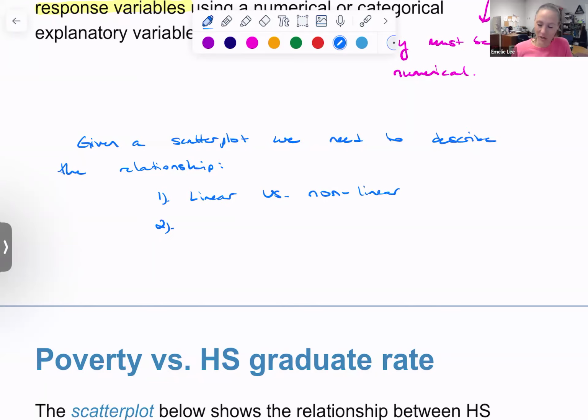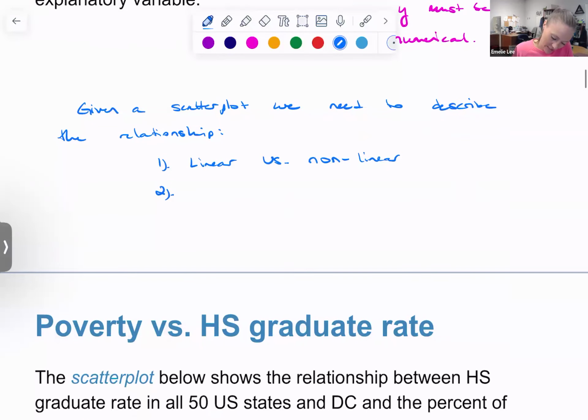Next thing, I'm trying to remember if I have like a shape, center, spread where it prompts you. I don't think so. Linear, strong or weak relationship. Now the strength is I classify it as strong or weak. You can add things like moderately strong, right?